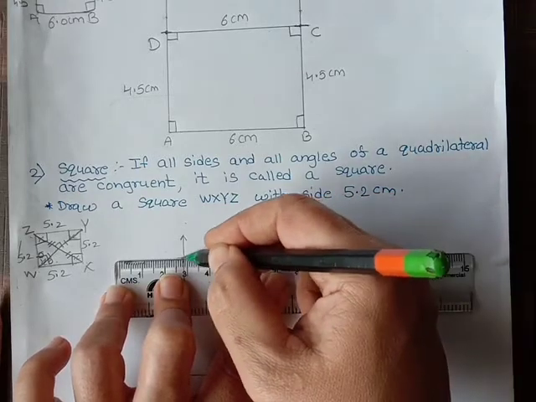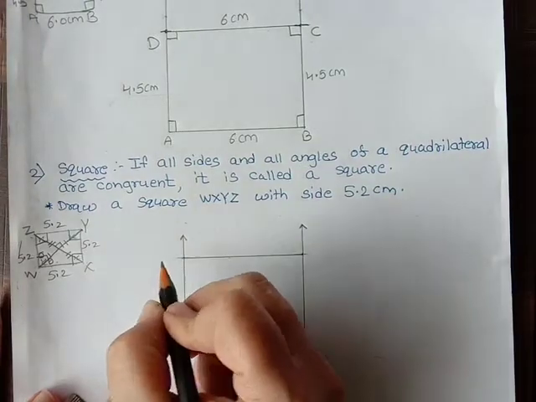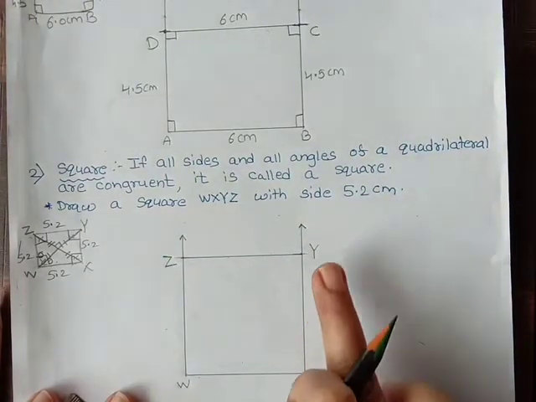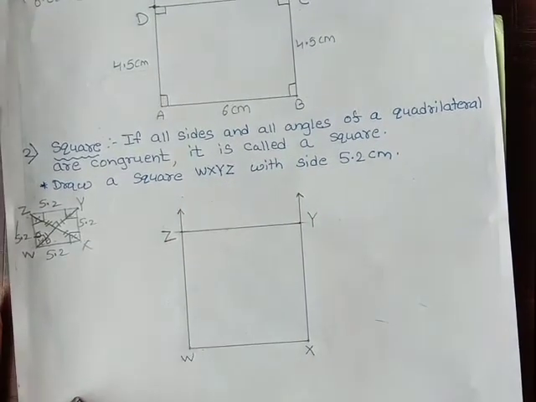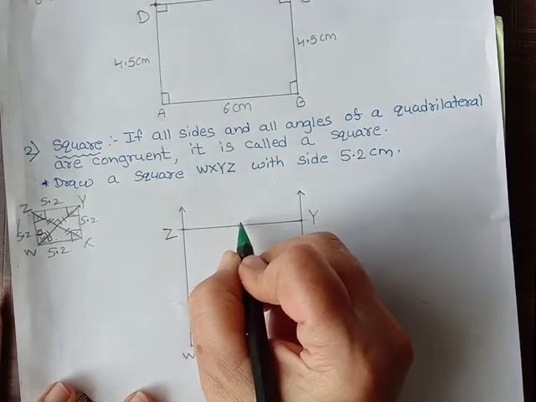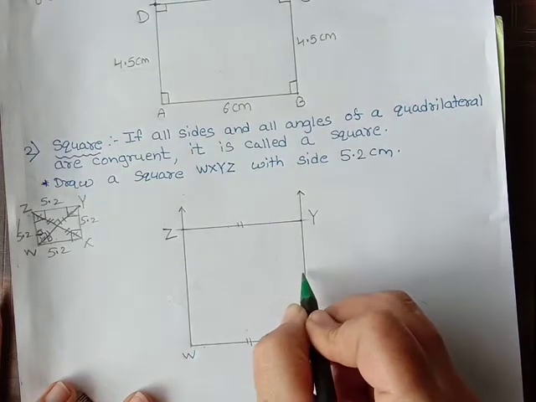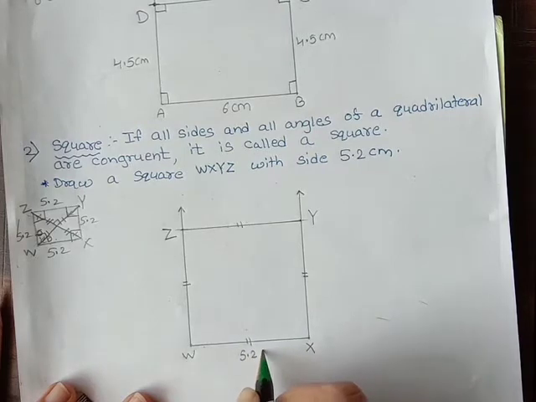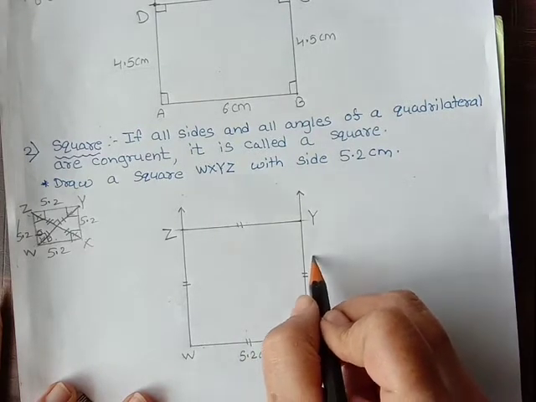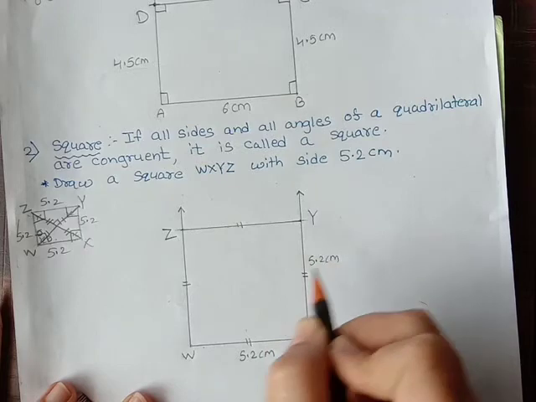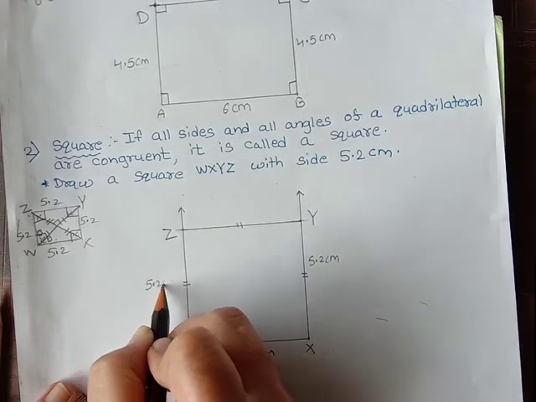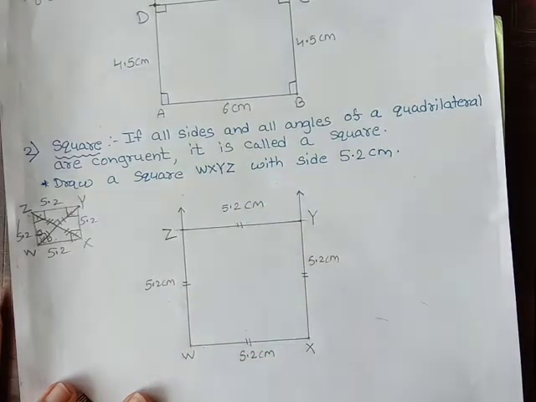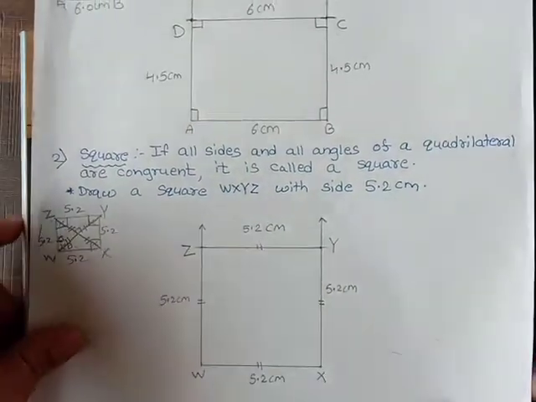So this is your Y and this is your Z. W, X, Y, Z. This is a perfect square. All sides are equal. So you can show equal marks like this. This is 5.2 centimeters. This is also 5.2 centimeters. 5.2 centimeters. 5.2 centimeters. I'll just zoom it for you and show.